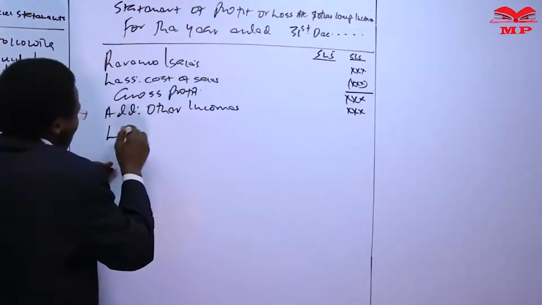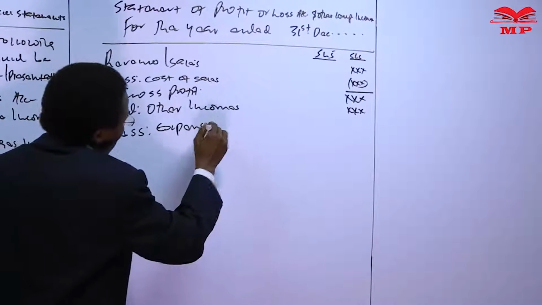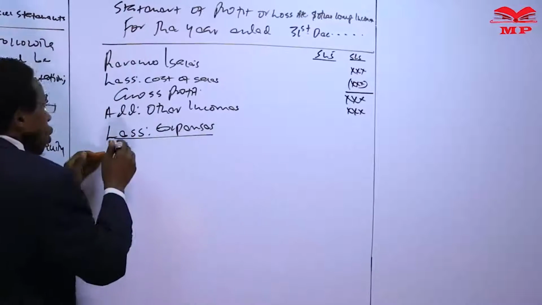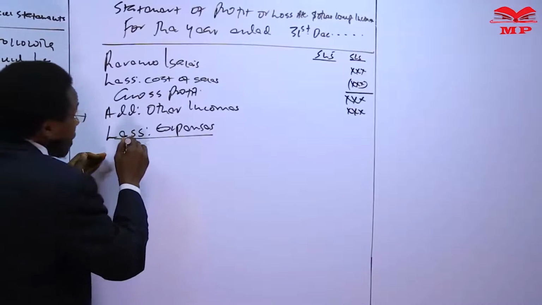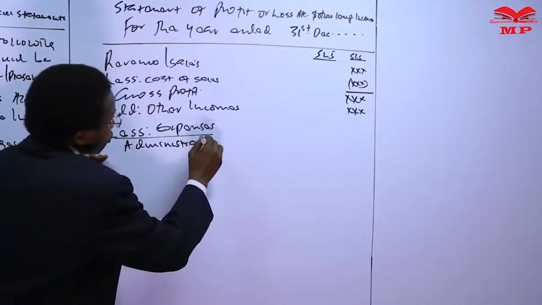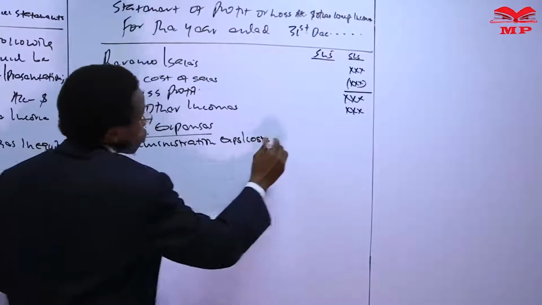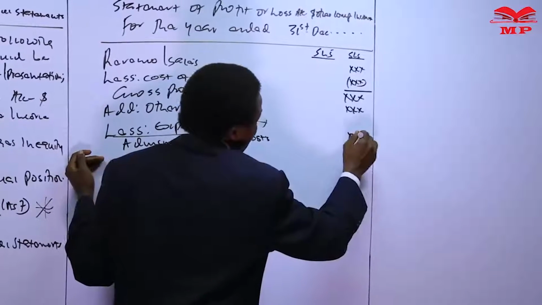Then we less expenses. One of the expenses here, friends, may be administration expenses or costs, we subtract it directly there.